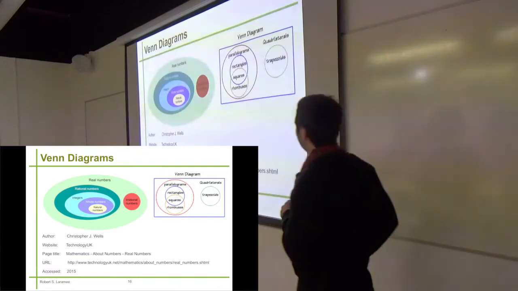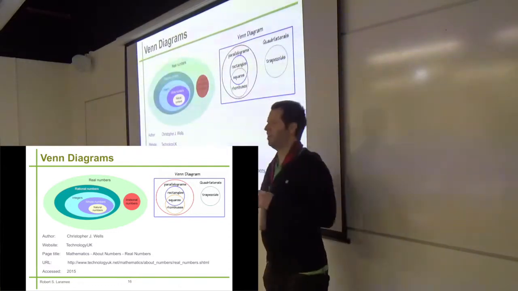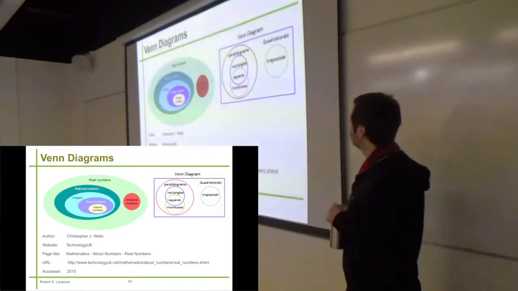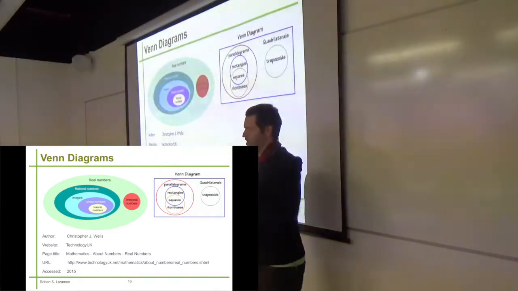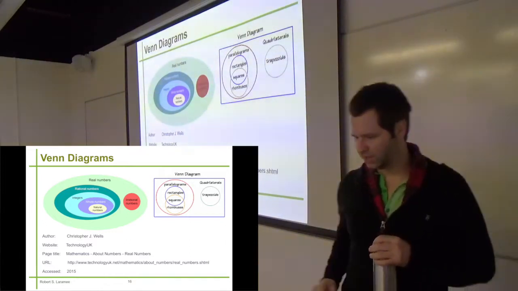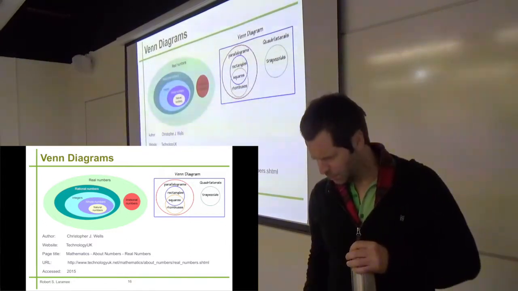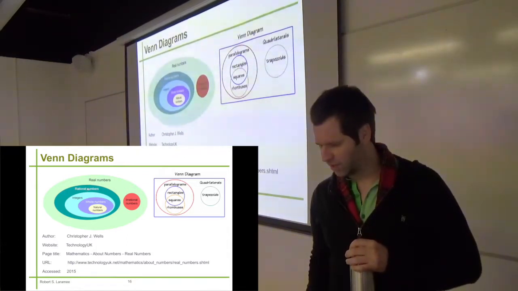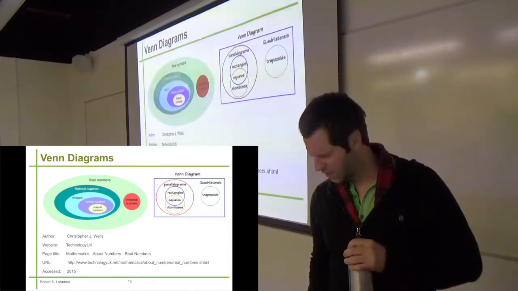Venn diagrams are another unpopular way of representing hierarchical data. They can be used to represent hierarchical data, but they're not a very common choice. So in this example, rational numbers are a subset of real numbers, and integers are a subset of rational numbers.